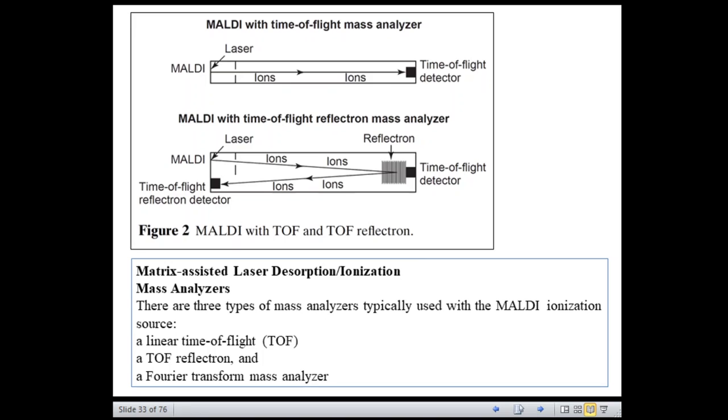The linear TOF analysis is based on accelerating or pushing a set of ions to a detector. In the process of accelerating the ions to the detector, the key feature is that all the ions will have the same amount of energy.